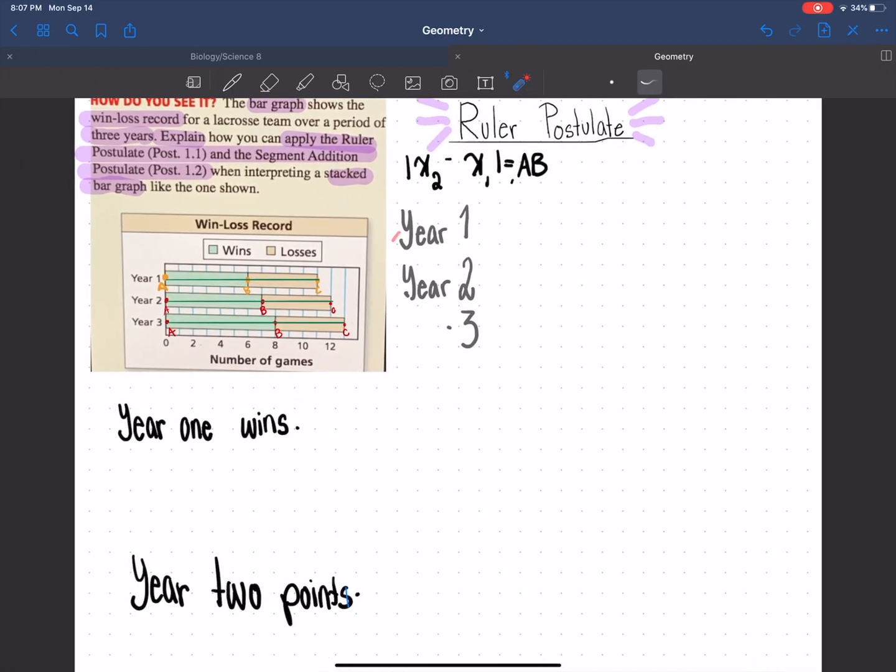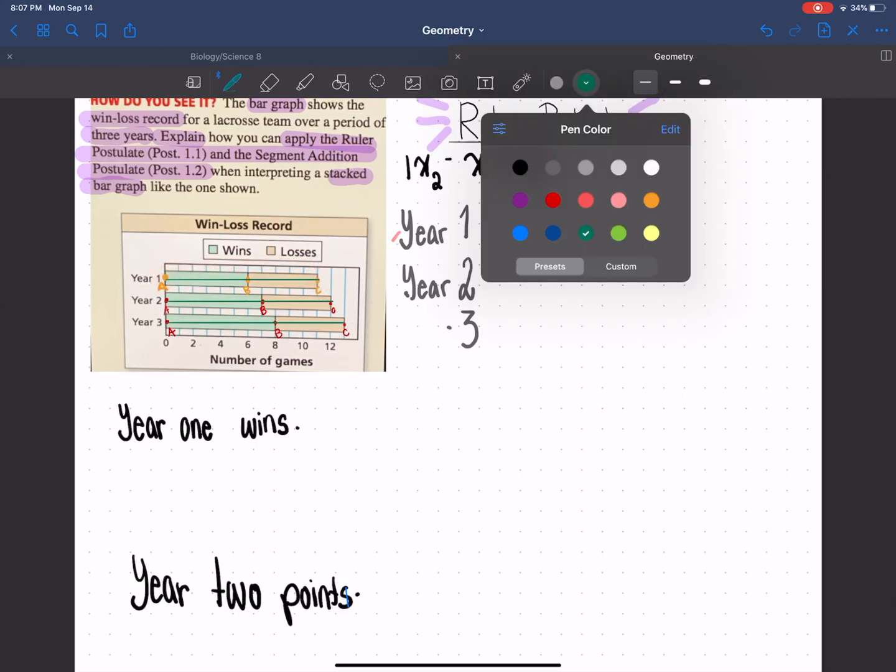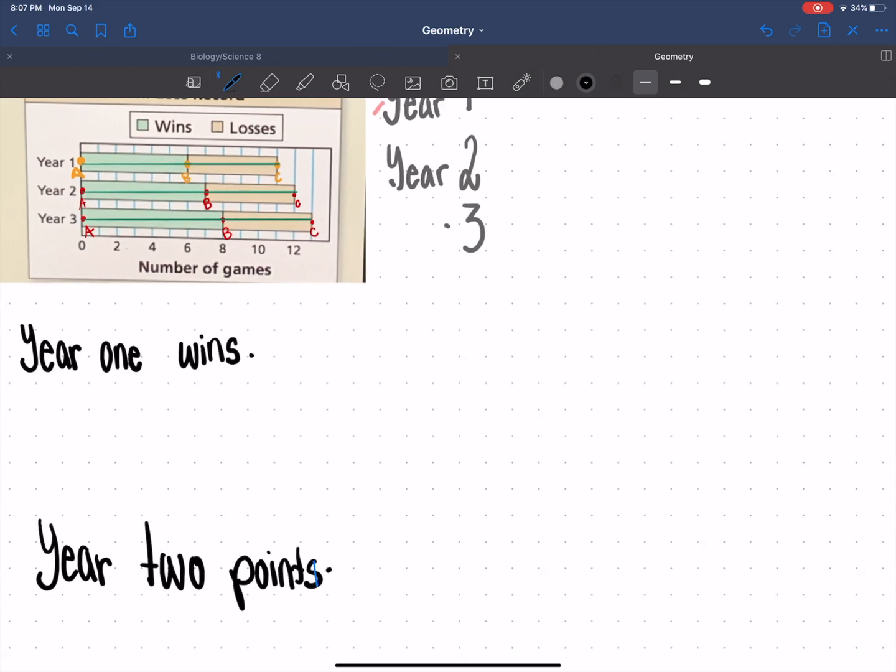We're going to first do the points A and C to find the total distance. We have the formula written. We see that C is equal to 11 and A is equal to 0.